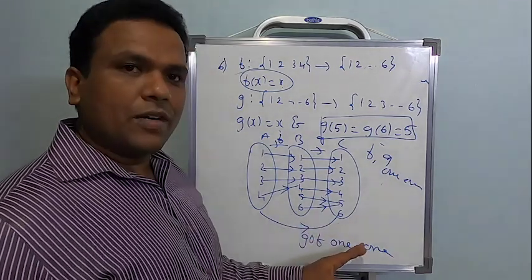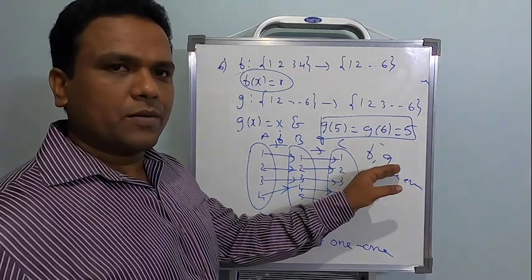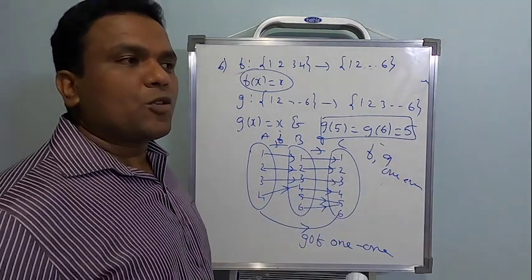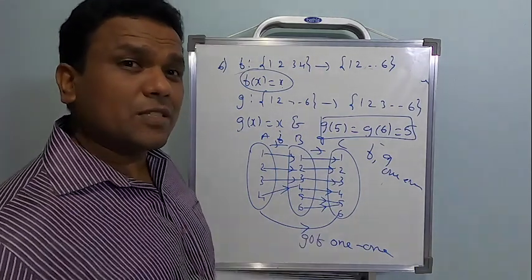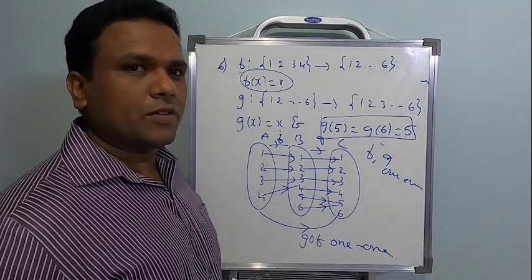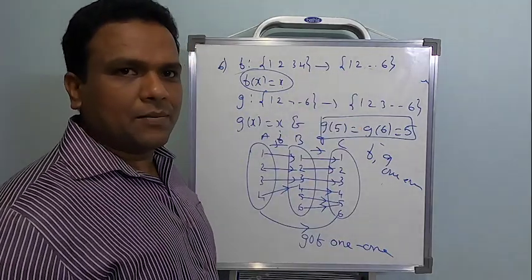G of f being 1-1 doesn't mean f and g necessarily have to be 1-1. So as I said, problem number 4, the converse part. Converse means we will say the opposite or the reverse way of solving it. That is how to explain it with an example.